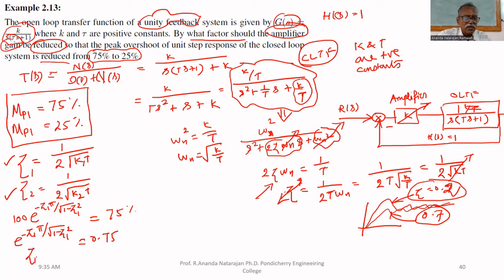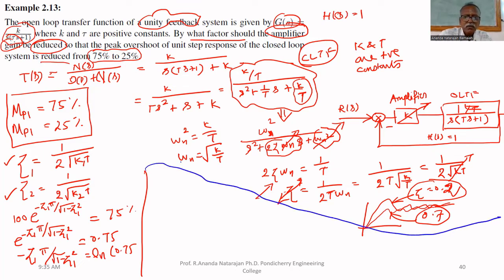Therefore, minus zeta 1 pi upon square root of 1 minus zeta 1 square equal to ln of 0.75. Therefore, we can find zeta.